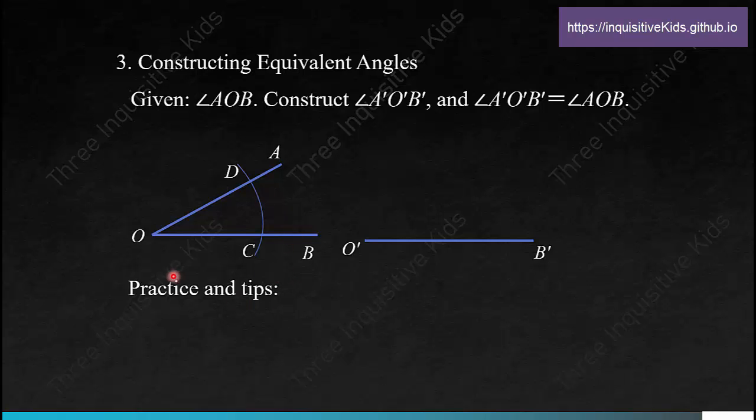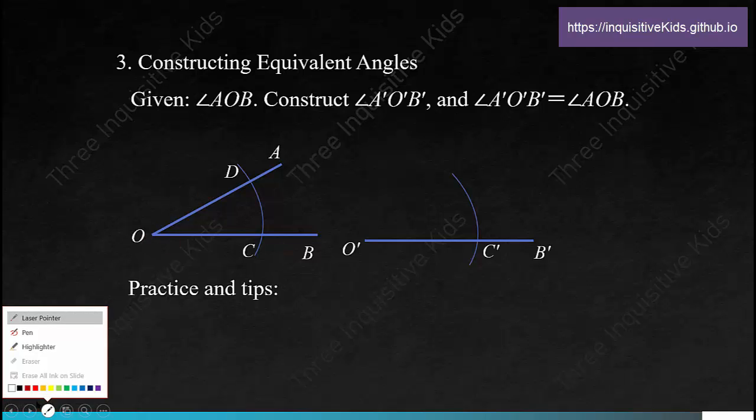As long as we start making an arc from point O and it crosses ray OA and ray OB, that's going to be correct. The two points where the arc intersects the rays are points D and C. So we would take that same length.